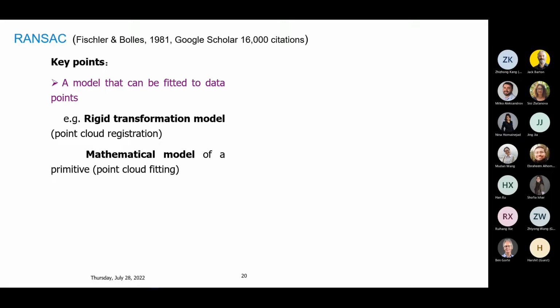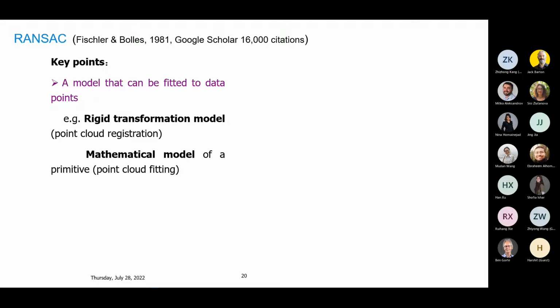I'm sure everyone knows RANSAC. RANSAC is a very popular strategy to find the correct points from point clouds with quite a lot of wrong points.